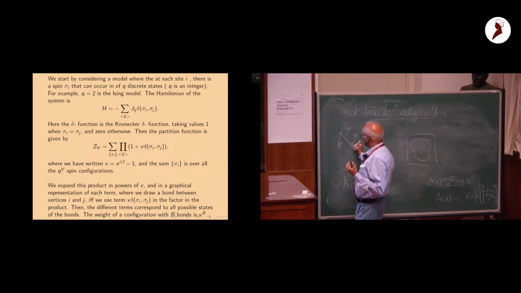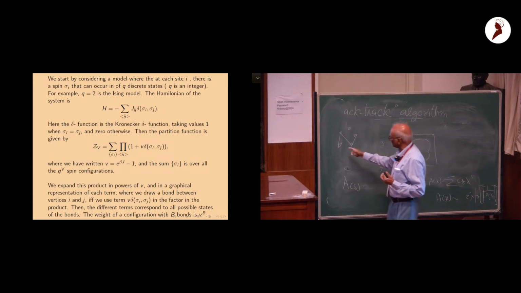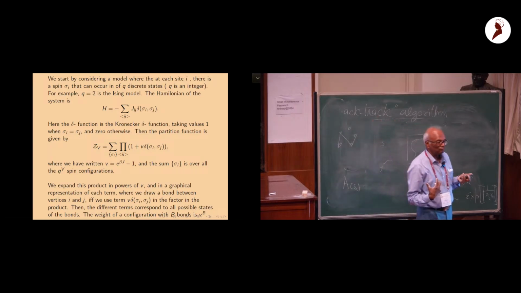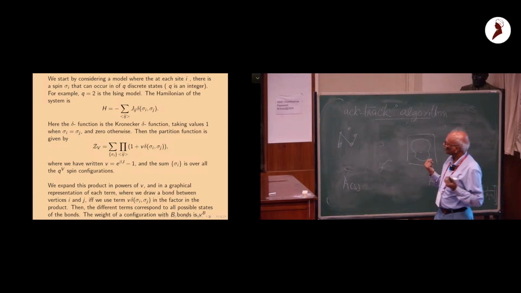But given a particular assignment of bonds, I can sum over spins easily, because what is the sum over spins? I'm summing over spins, but inside there is a delta function. It says this spin should be the same as this, should be the same as this, and so on, but otherwise independent. So each cluster gives you q possible assignments. So if you sum over all the spins, the result is q to the power number of clusters.